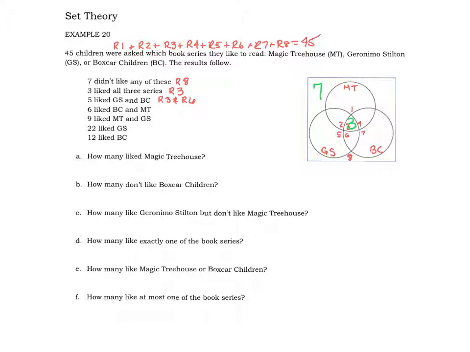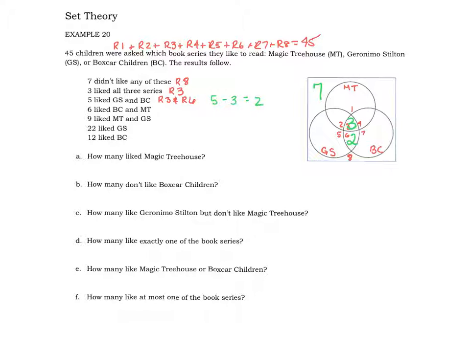And I would like to mention that I already know what region 3 is, so I should be ready to figure out what that is right now. So our cardinality would be 5 minus 3, which will give us 2. So I'm going to write 2 down for region 6.